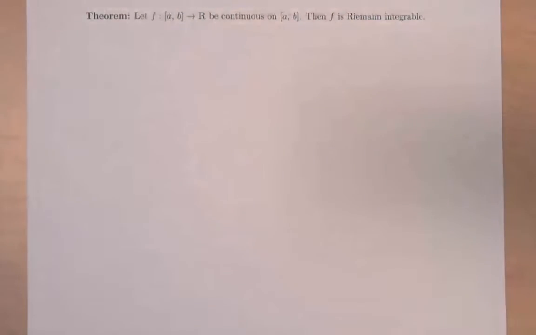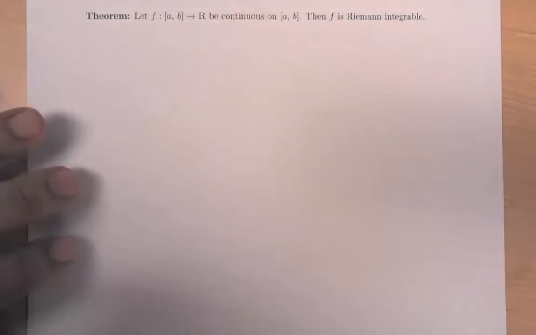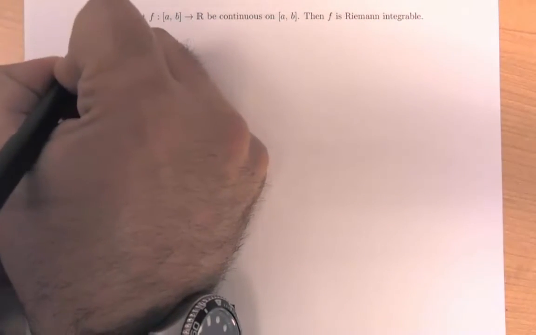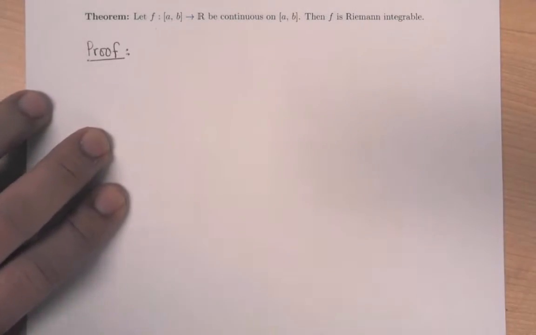And now we have the main event, where we prove that if f is continuous on a closed interval, then it's Riemann integrable on that closed interval. So let's prove the result. And here's our goal.